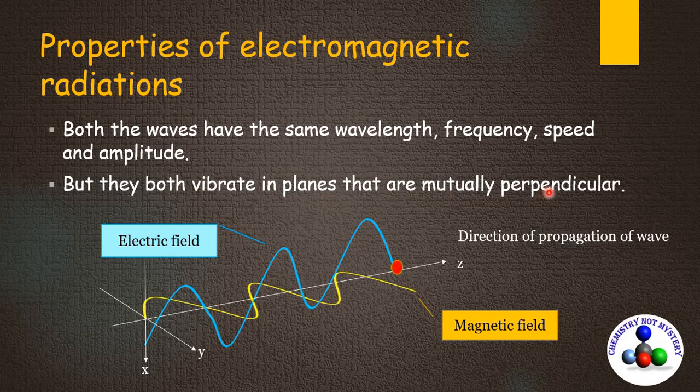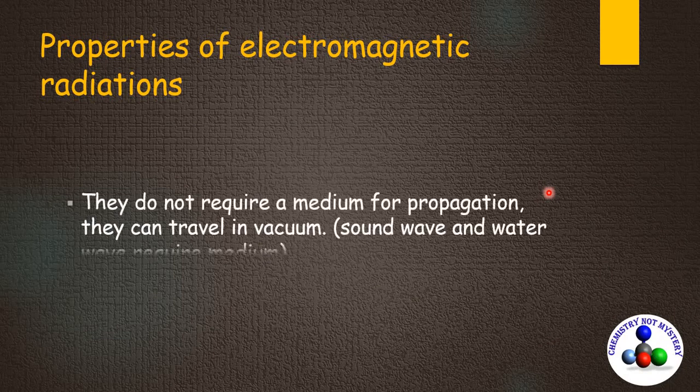Unlike sound waves and water waves, electromagnetic waves do not require a medium to propagate. That's why we are able to see the light coming from stars and sun, because light is an electromagnetic radiation. But we can't listen to the sound of space, because there is vacuum in space and only light can travel in vacuum, not the sound waves.